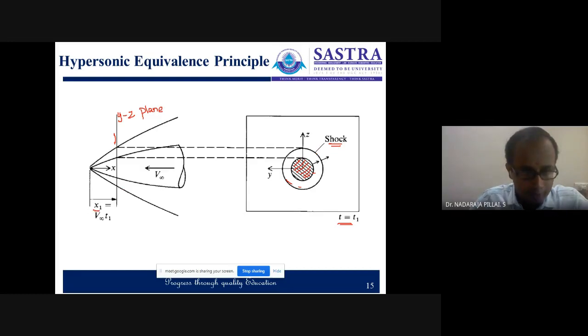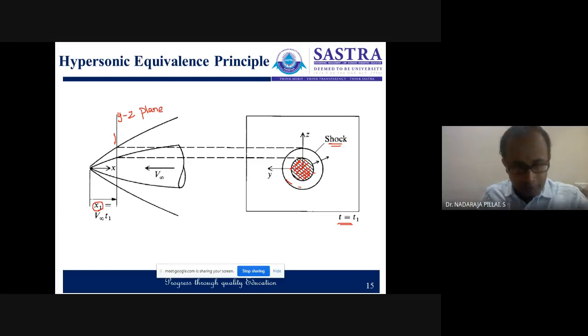So at x1 is equal to v infinity t1, and this t is equal to t1, we can see that in this particular yz plane, we can see both the slender body and the shock. The shock is around, right?